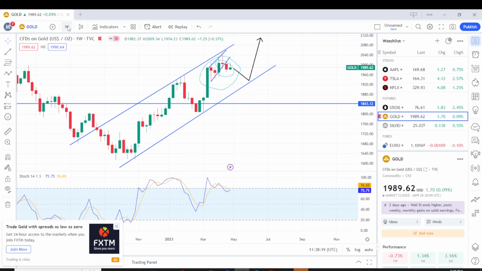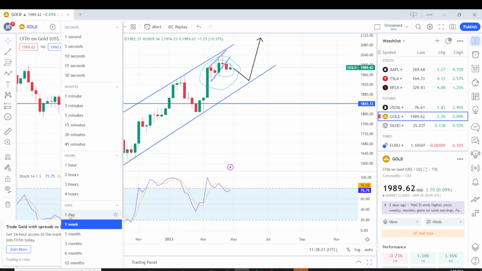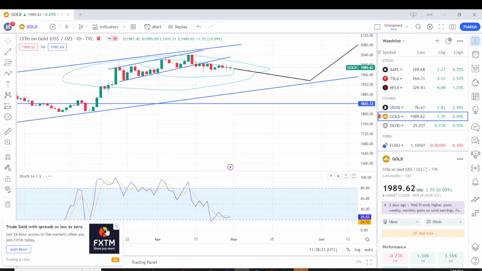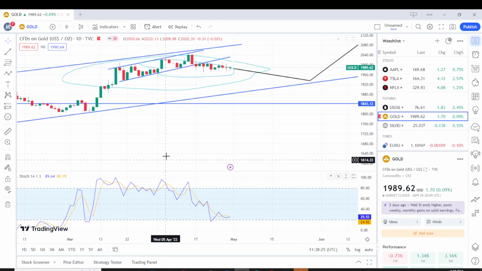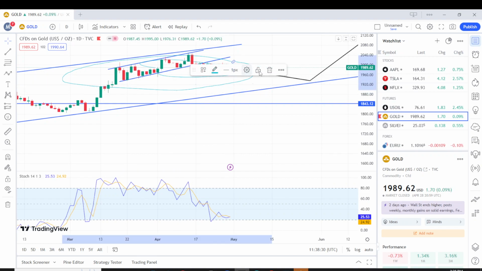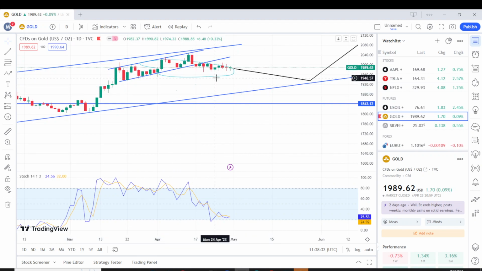I just want to show you how the pattern has been formed on a daily chart. The pattern shows that for the past week, price has been confined in a certain level.